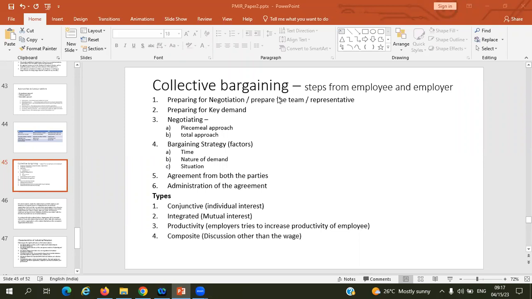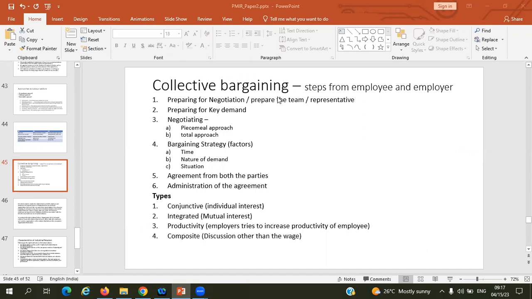But the management wants to cross check and asks you why you need a canteen. You are not able to say that. You should have the problem on your fingertips. You should tell why you need, why you demand this. So that is the first step. You are preparing yourself for what negotiation you are going to have.